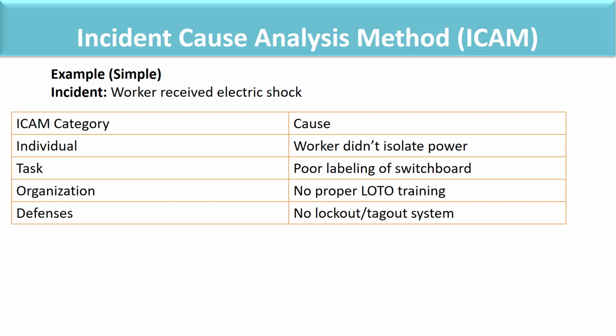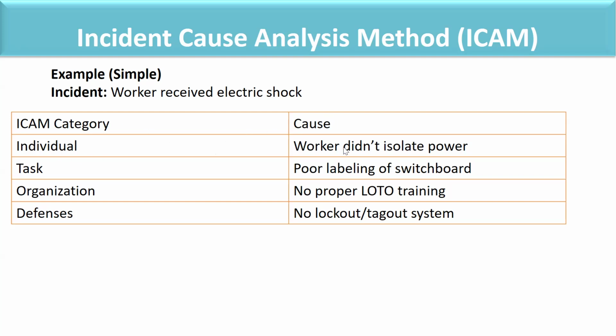Now the ICAM category and causes. Individual: worker didn't isolate power. Task: worker received electric shock. Now we apply this to one simple accident in a workplace, like how a worker received electric shock. ICAM category, now cause.